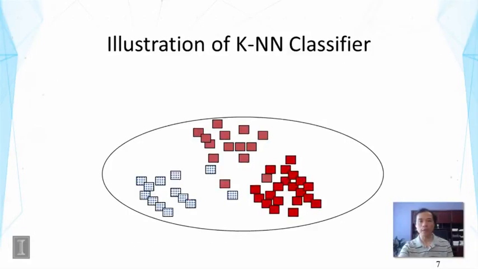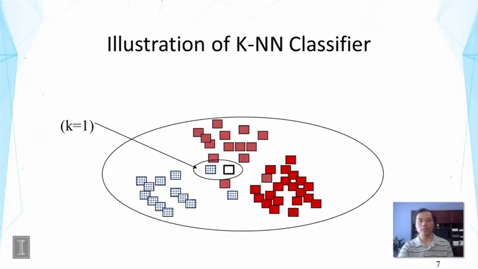So let's illustrate how KNN works. Well, suppose we have a lot of training instances here, and I've colored them differently to show different categories. Now suppose we have a new object in the center that we want to classify. So according to this approach, we're going to find the neighbors. Let's first think of a special case of finding just one neighbor, the closest neighbor.